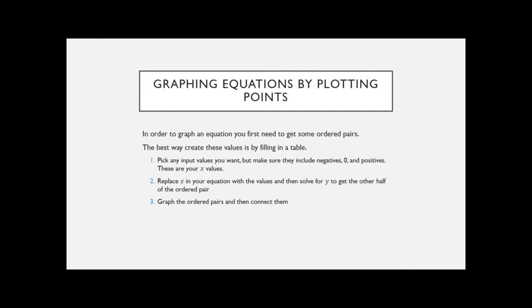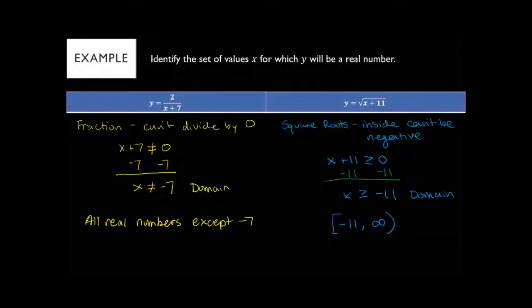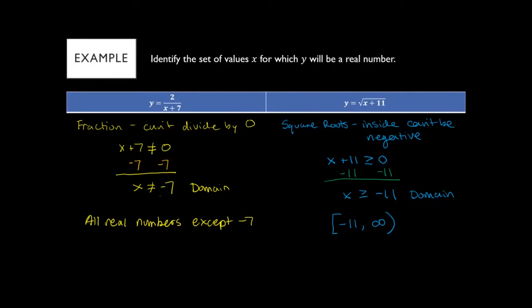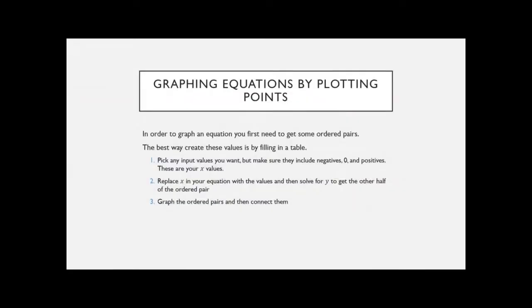You take those numbers that you picked, and you do have to know the domain, so you make sure it's something you're allowed to plug in. That's why we cover the domain. You plug those into your equation, you solve your equation for y, and that will give you the missing point.